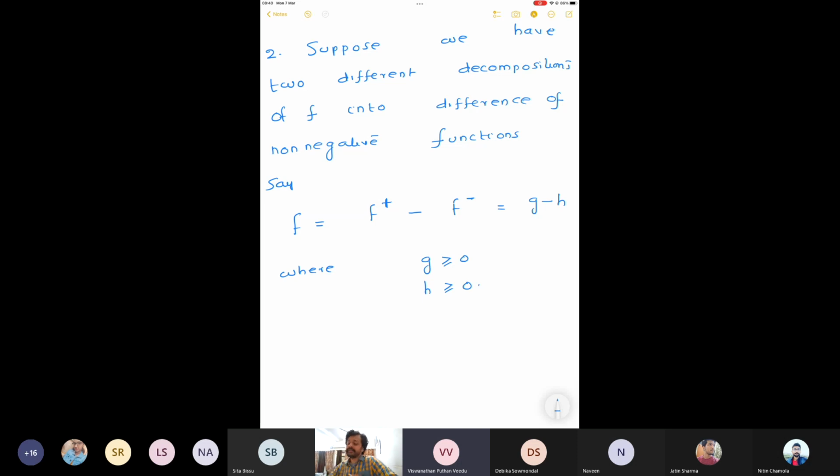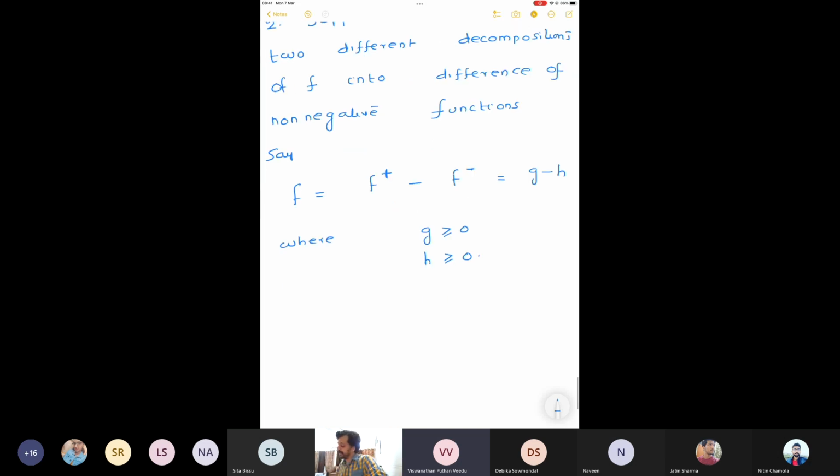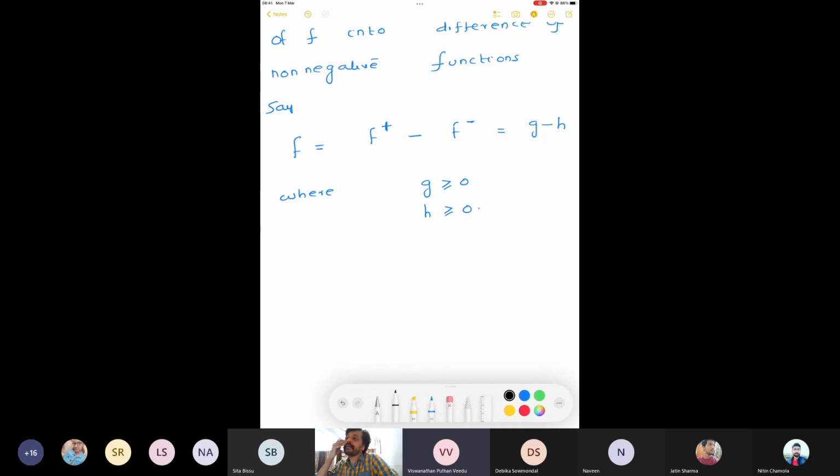It may appear that to define the integral of f, you should employ only f plus and f minus, and not an arbitrary decomposition into non-negative functions. It appears like that, but actually either you can go via f plus minus f minus, or you can go via g minus h. How? Let me illustrate. Is that clear what we are doing next?